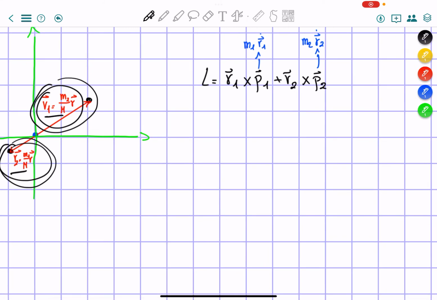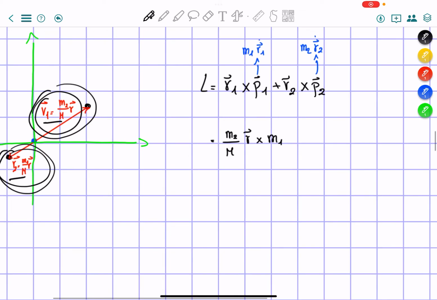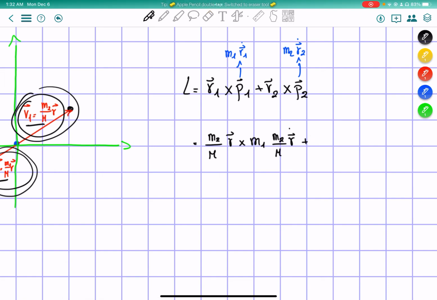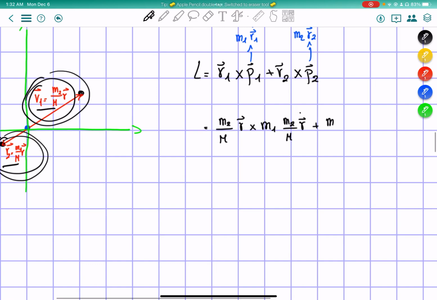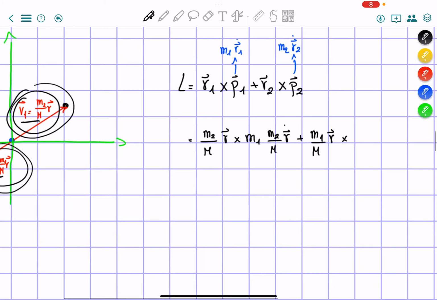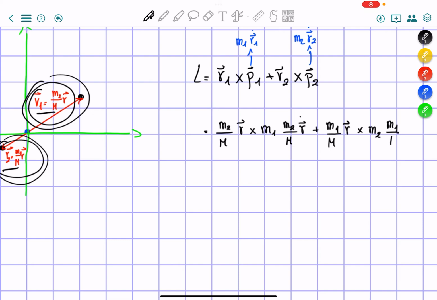So if I substitute in there, I get M2 over capital M, r vector cross product with m1, of course, then r1 dot, which is equal to M2 over M, r dot, plus r2, which we know is equal to, as I calculated there, M1 over capital M, and then r cross product with m2, and then times r2 dot, which is equivalent to M1 over M r dot, of course.